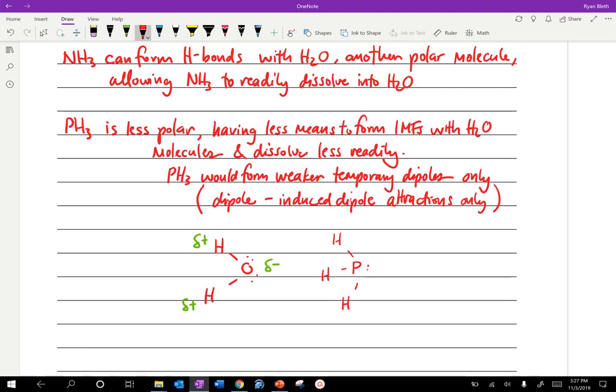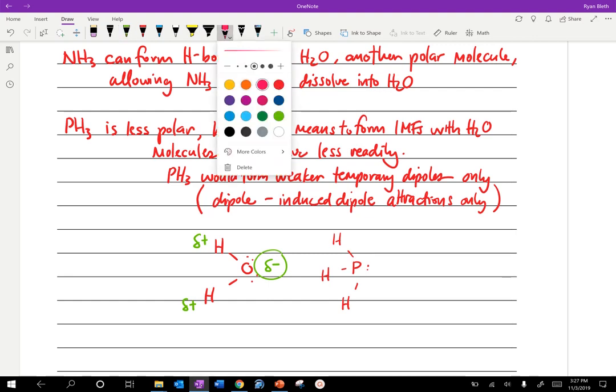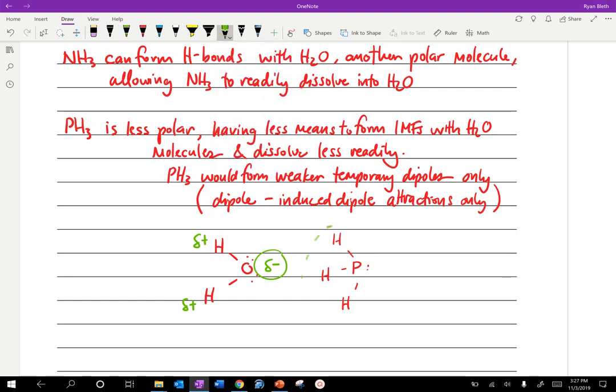this negative end of the molecule here in the water would cause repulsions of the electrons in the cloud around PH3. So if there's a cloud of electrons around this PH3 molecule, let me switch over to green here, there'd be repulsive forces between this permanent dipole in water.